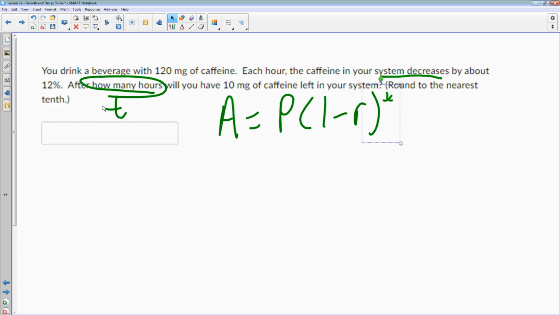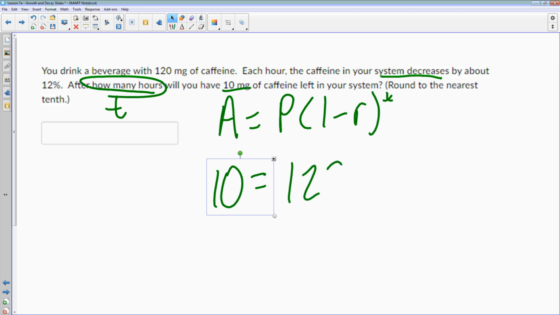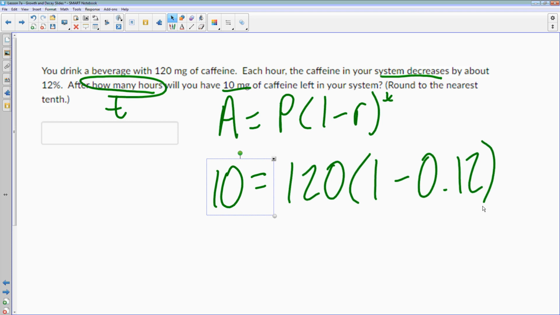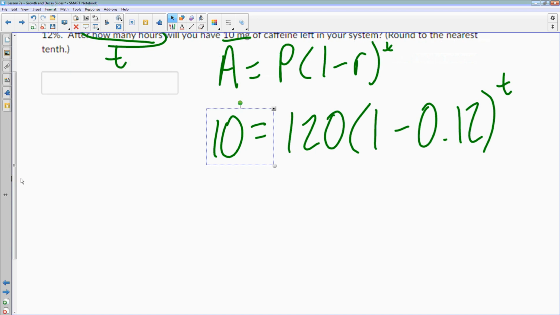All right, so it's asking how long it's going to take to get 10 milligrams left in our system. So the 10 goes in the A spot. The P, what we start off with, is 120 milligrams. The rate is 12%, so we're going to change that to a decimal. And we don't know t. So there's our setup.